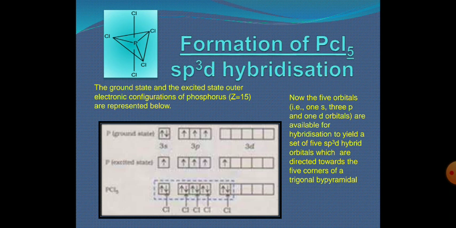Of all the chlorine atoms approaching the phosphorus, 3 chlorine atoms are present in the same plane, but 2 chlorine atoms are out of the plane, one above the plane and one below the plane. If we join all the corners of these chlorines to the chlorines in the plane, you will get a figure which looks like a pyramid.